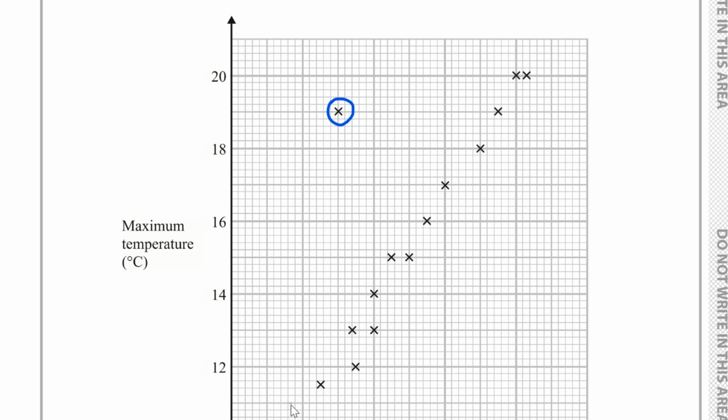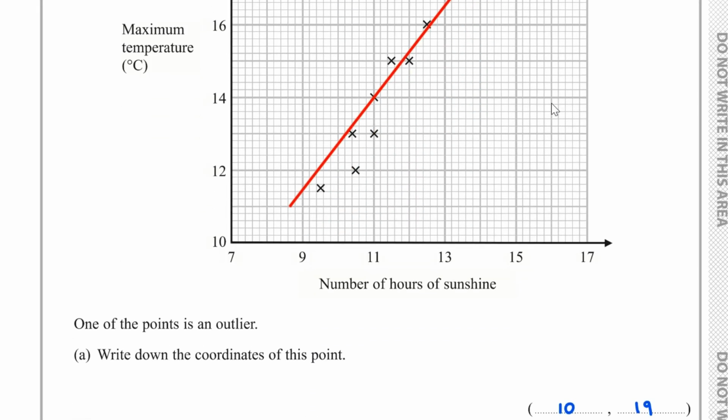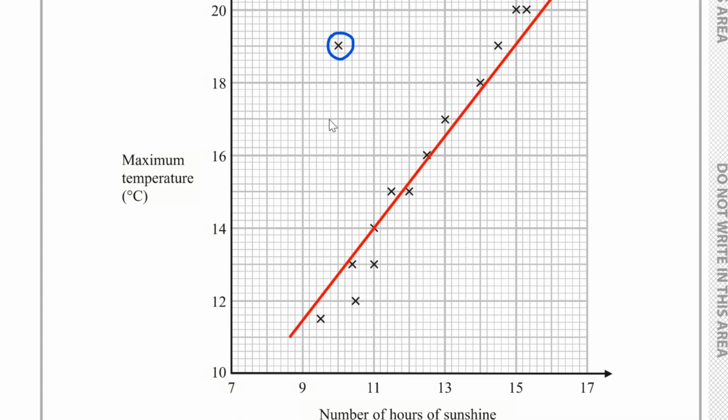So here we have a line of best fit, and we have a maximum temperature of 16.4.